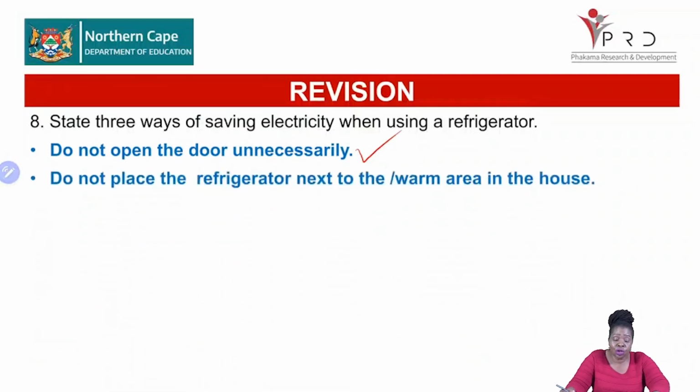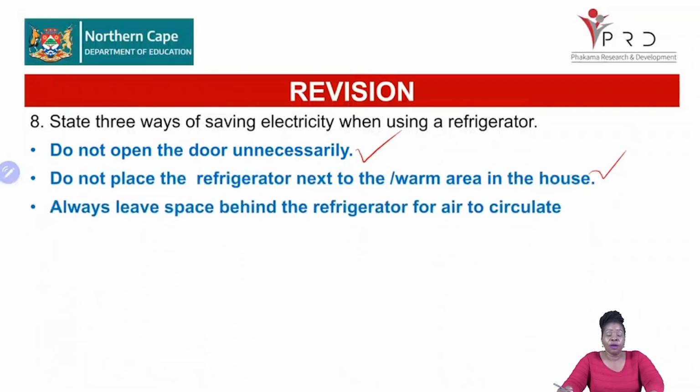Right, and do not place the refrigerator next to warm areas in the house, especially next to the stove. Let's not put our refrigerators next to the stove because they will use more energy to keep cool. And always leave space behind the refrigerator for the air to circulate.